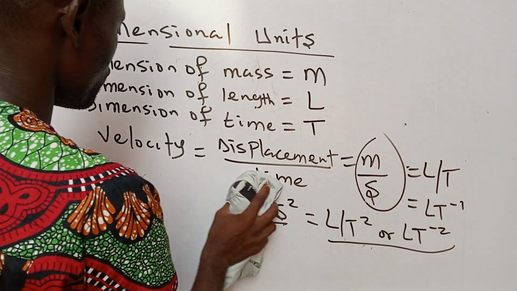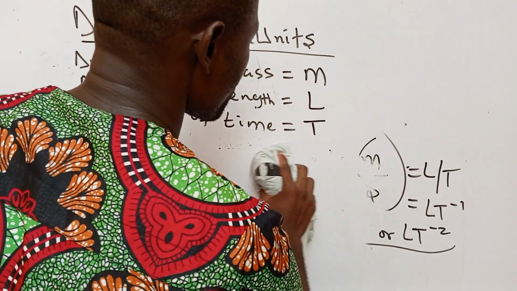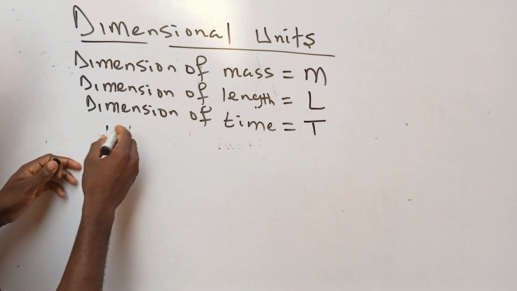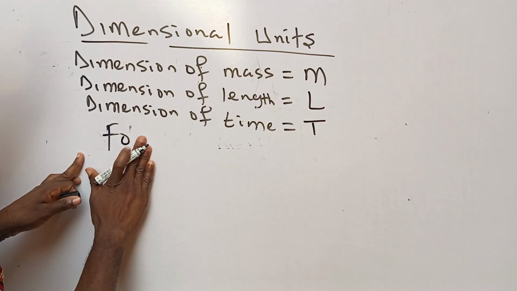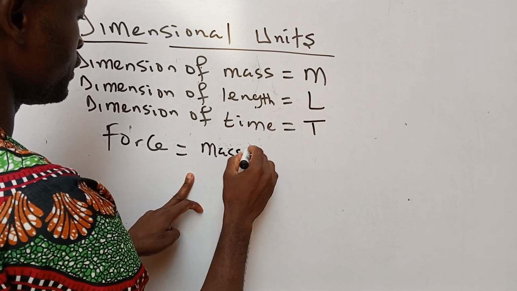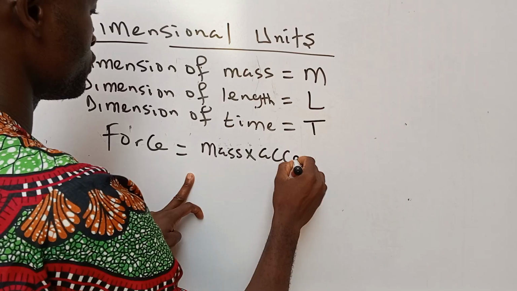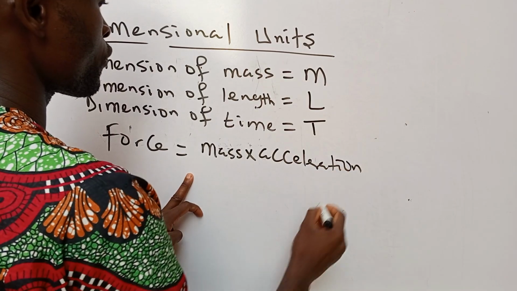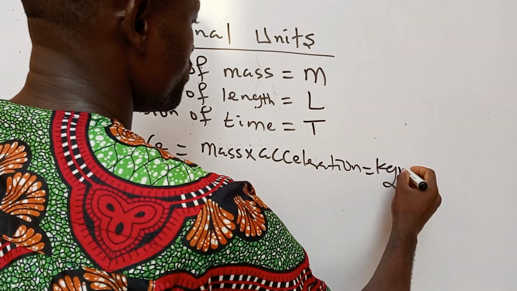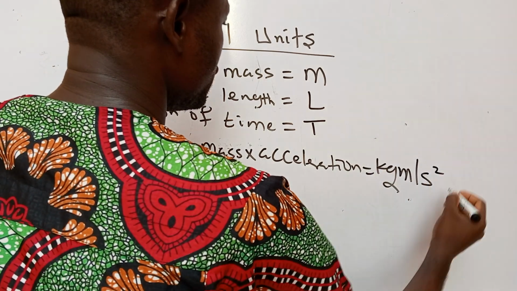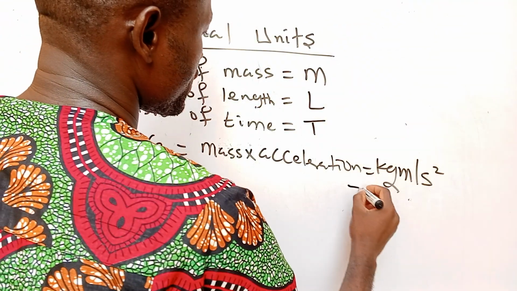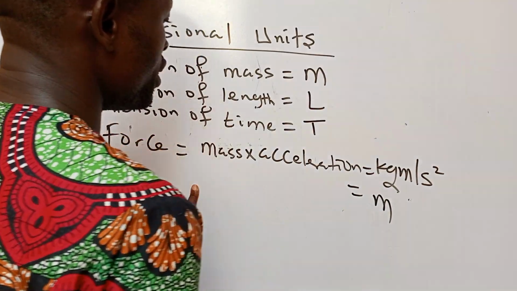Now, let us look at the dimensional unit of force. What is force? Force is mass times acceleration. The unit of mass is kilogram. The unit of acceleration is meter per second square. So for mass, which is kilogram, we replace it by writing M dimensionally.